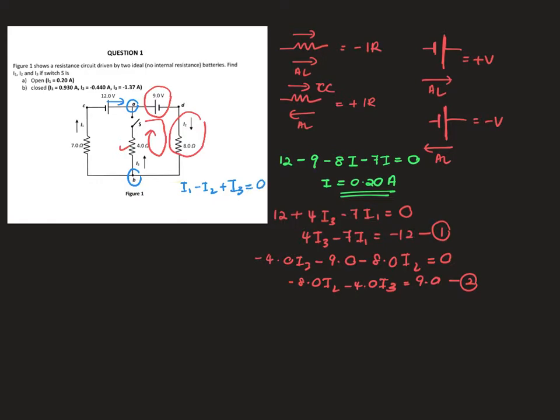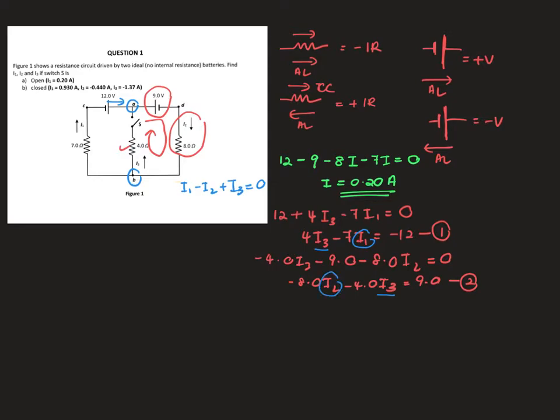So for me to find I1, I2 and I3, I need to use simultaneous equations, or I can actually use the calculator. But before you use that, you need to change the unknowns to have the same unknowns. So I3 here is also I3, so don't disturb that. The one that you're going to change is the one that has a different unknown, which can be either I1 or I2. So it's up to you.